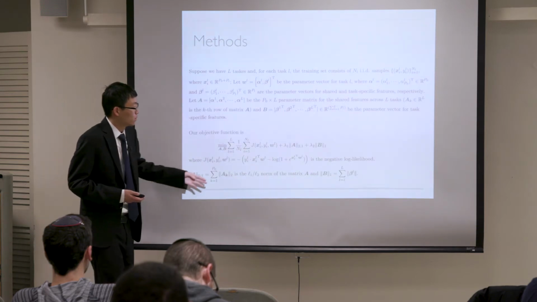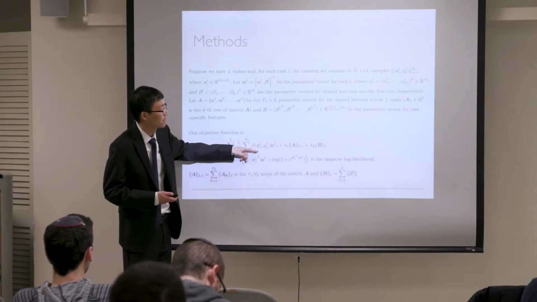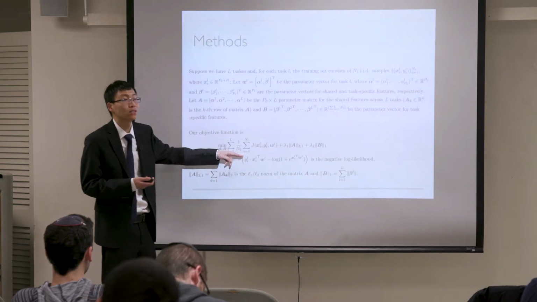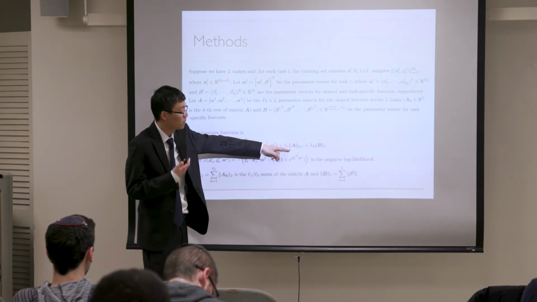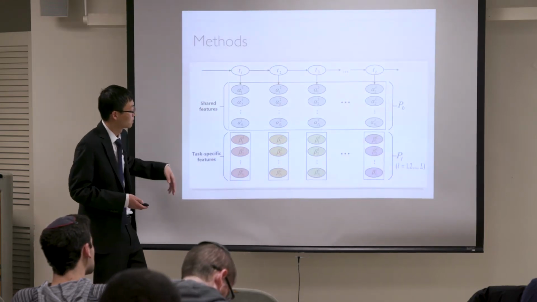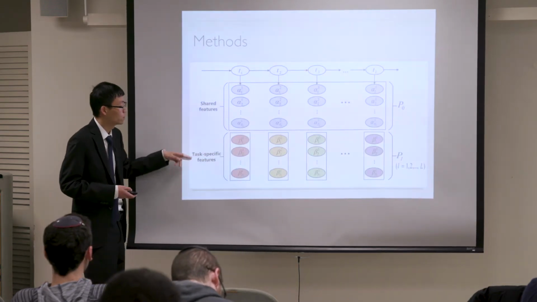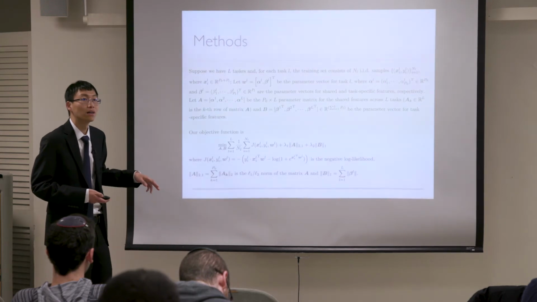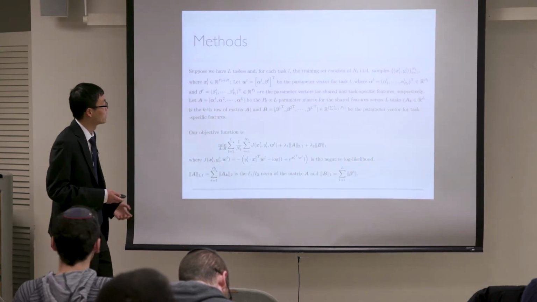So this is our objective function. The first term is the negative log likelihood, like logistic regression. The second term is the L1, L2 penalty, or group L2 penalty, for the shared feature coefficients. And the third term is the L1 penalty for the task-specific features. Putting them together, we have this objective function.